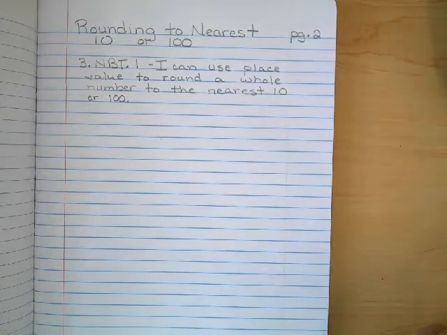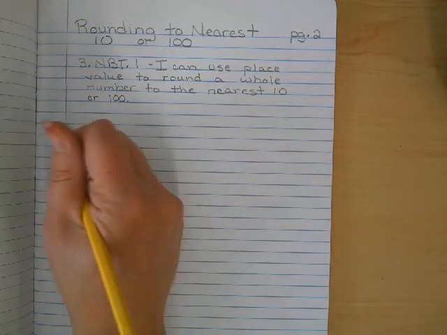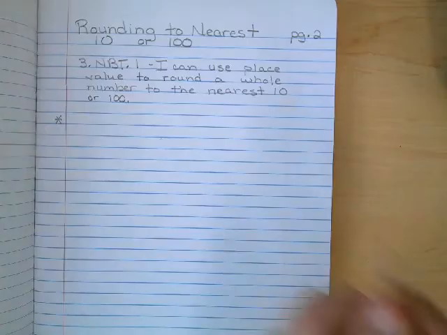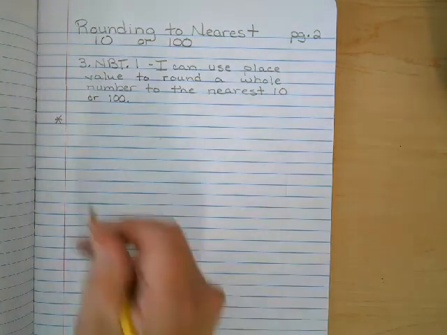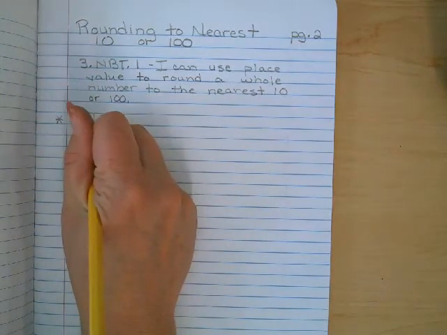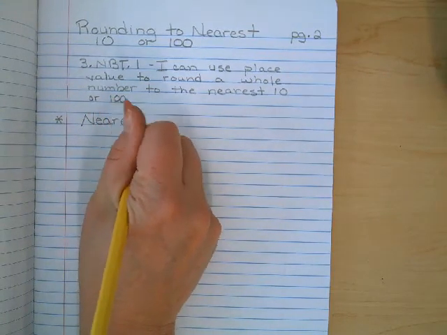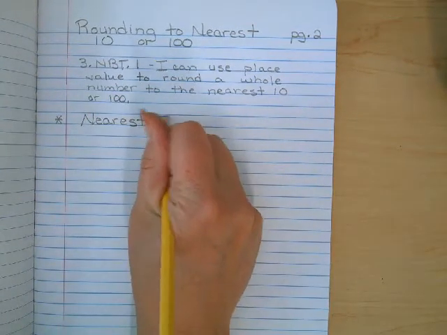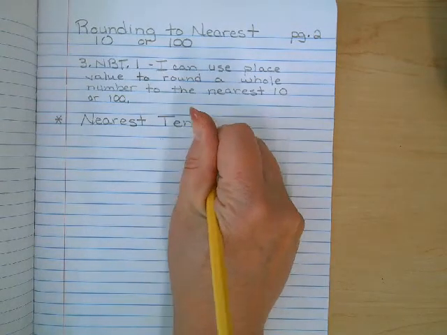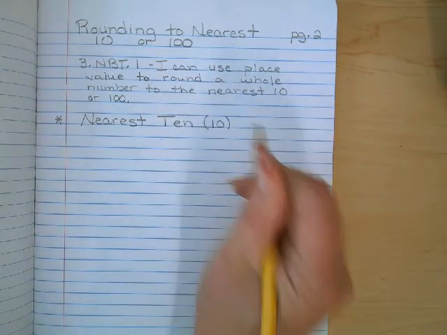So the first set of notes that we're going to take has to do with rounding to the nearest 10. So I'm just giving myself a heading here, nearest 10. I'm just going to put parentheses here, 10.